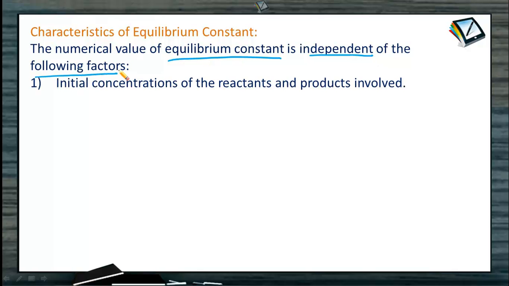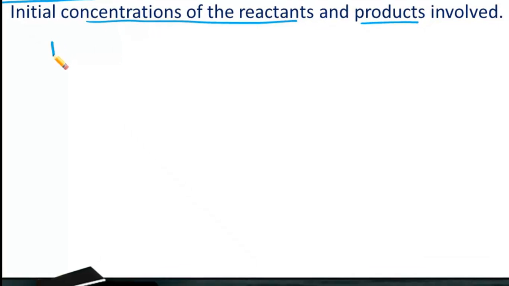1. Initial concentrations of the reactants and products. What do you mean by this? Consider a simple example of reversible reaction, hydrogen reacting with iodine to give hydrogen iodide.